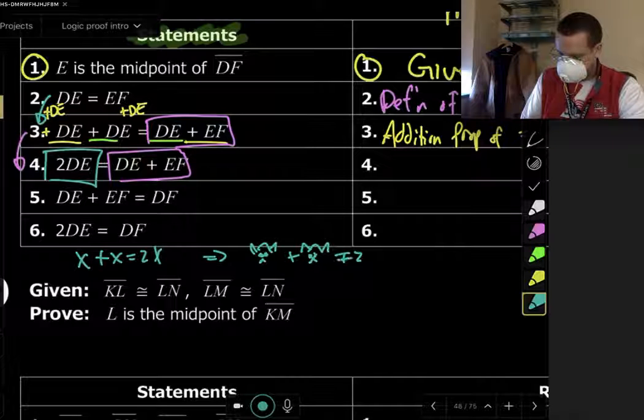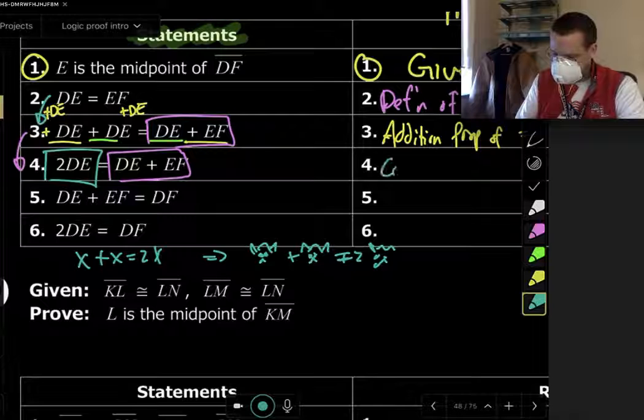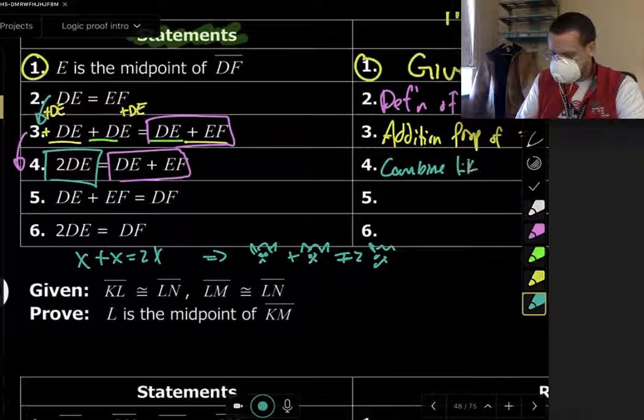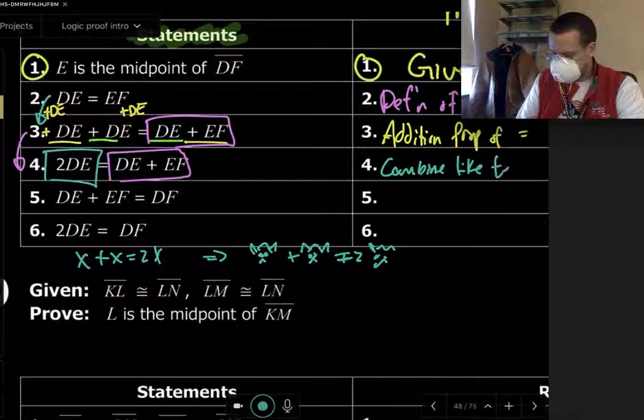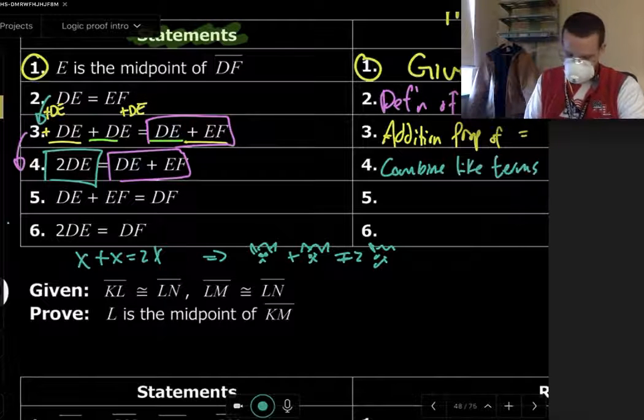So hopefully you see that DE plus DE is 2 DEs. This is just combining like terms, because all I'm doing is taking 1 DE plus 1 DE, which is 2 DEs. So how did it change from 3 to 4? That's combining like terms.